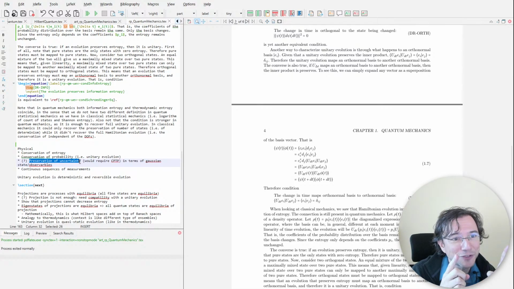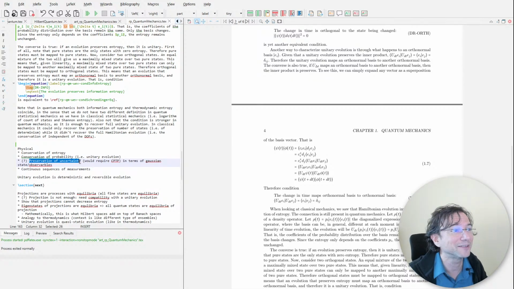It just moves to another observable, because you change the observable through, like, the Heisenberg picture, and the distribution is exactly the same. And so that also is a unitary evolution.